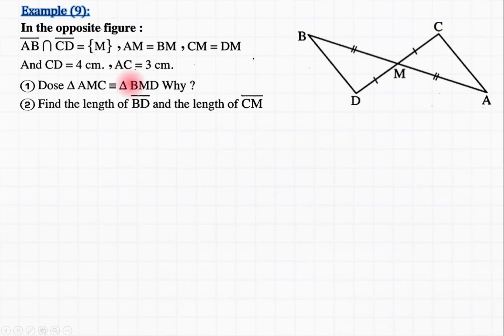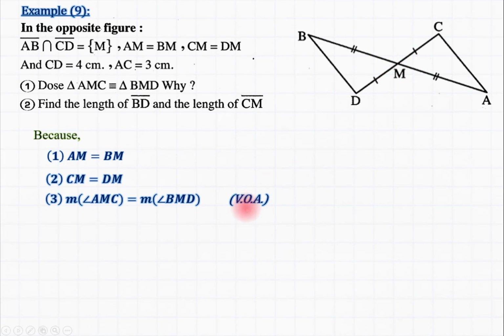From the given, we have that AM equals BM and CM equals DM, and we have two angles that are equal. Measure of angle AMC will equal measure of angle BMD because they are vertically opposite angles. Then triangle AMC is congruent to triangle BMD because we have two sides and the included angle between them congruent to two sides and the included angle, side angle side.